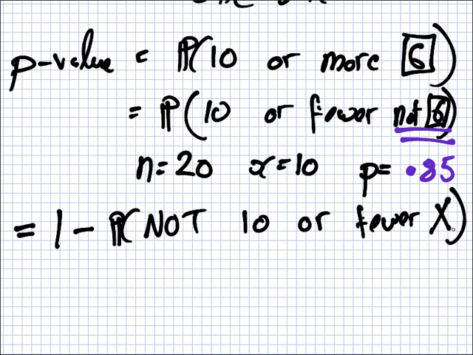Now, what does it mean to say not 10 or fewer? Change the statement, get rid of the not. Not 10 or fewer. You knew this last class. Not 10 or fewer. 10 or more.